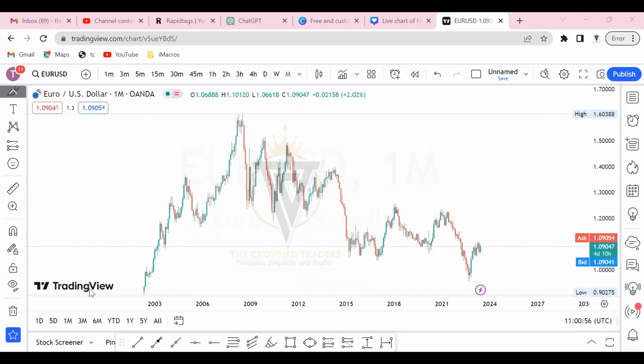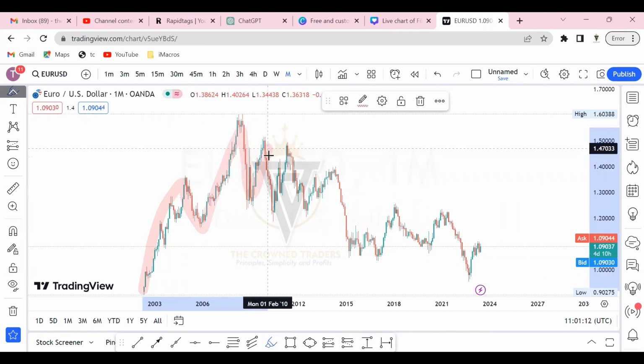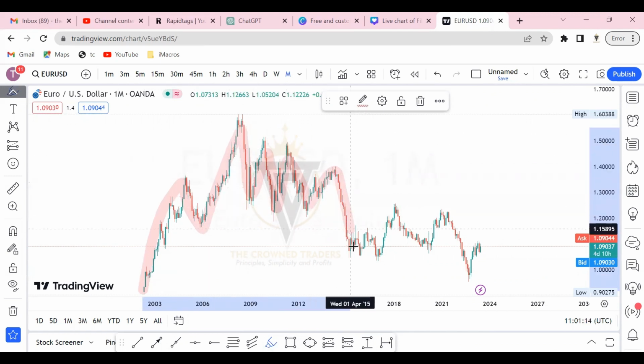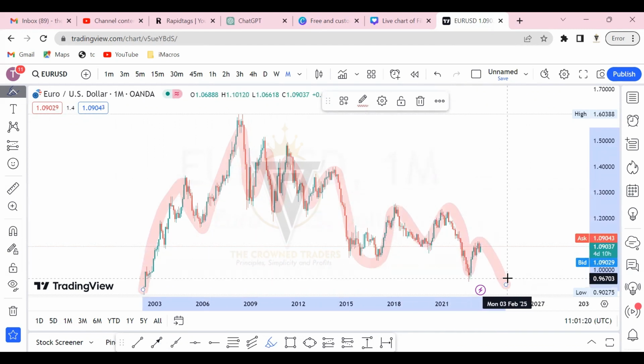We all know that when a chart is said to be bullish, it is going to be going upward, right? And when it's said to be bearish, it's going to be going downward this way, as you can see. So go to the higher time frame and analyze and look at the chart for yourself.